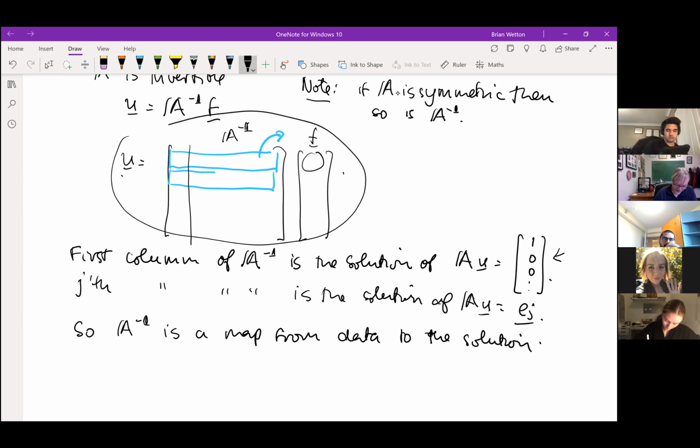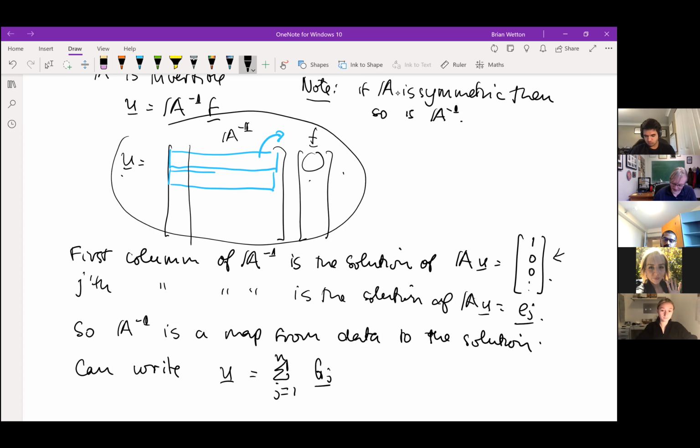And I can write this matrix multiplication if I do it column by column: it's F1 times the first column plus F2 times the second column. So I'm going to write that in that way. This is just rewriting the matrix multiplication.